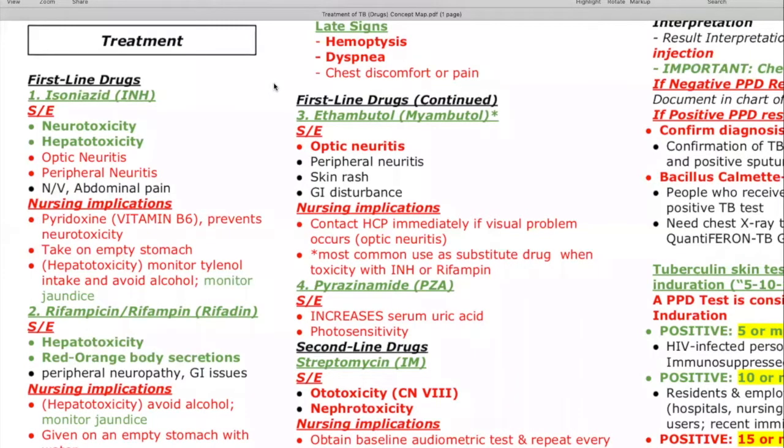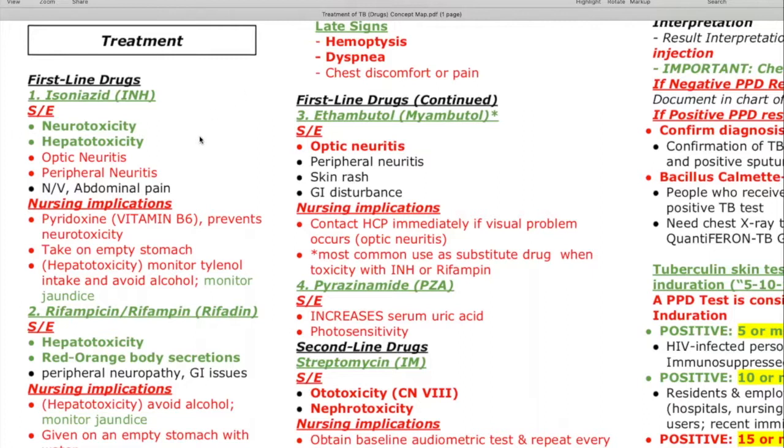All right, so on to treatment of TB with drugs. With drugs, we have first-line drugs and second-line drugs. For these drugs, we'll be going over side effects and also nursing implications. So for first-line drugs, we have isoniazid, or INH.